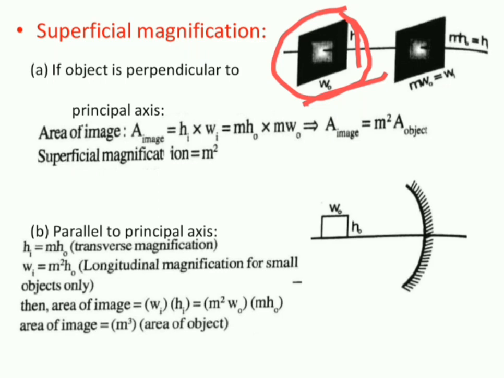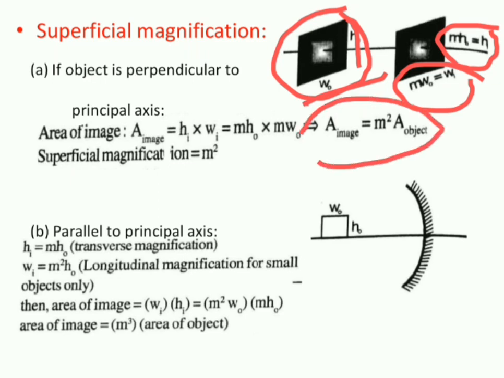So height of the object is magnified m times. Width is also magnified m times. So what should be the total magnification in the area? Area of image will be m into h naught into m into w naught, that is m square times the area of object. So if your object is perpendicular to principal axis, then areal magnification is m square into area of object.